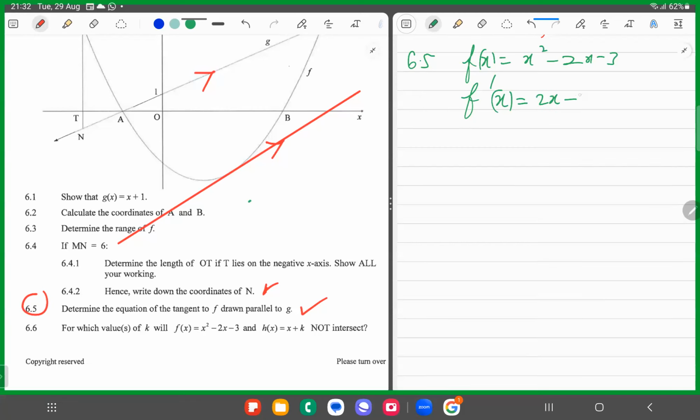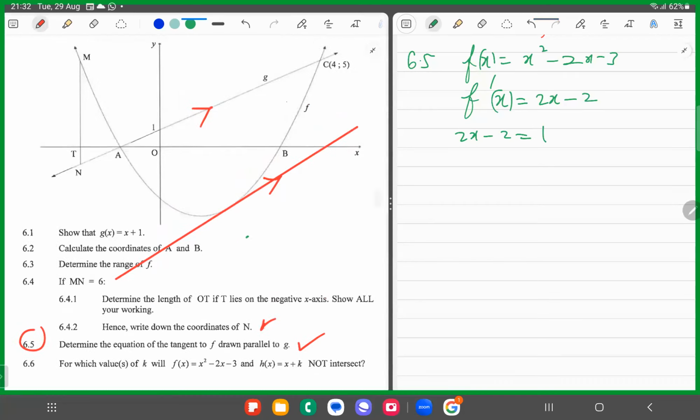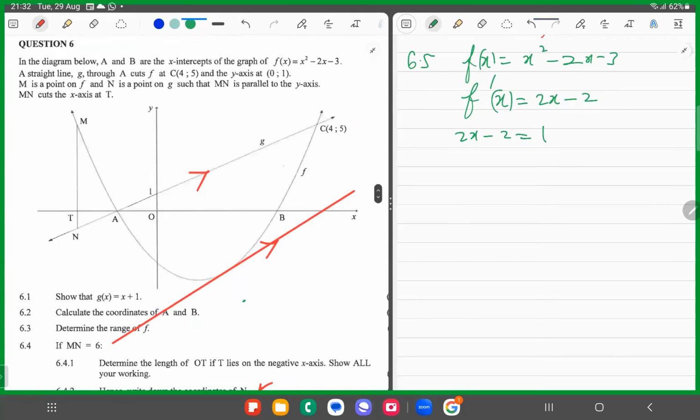The derivative of -2x becomes -2, and -3 is a constant, so it has derivative 0. So 2x minus 2 is the slope, and it is parallel to g because g has the slope 1.